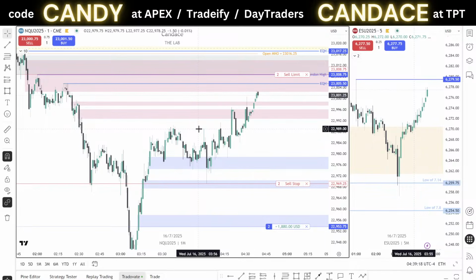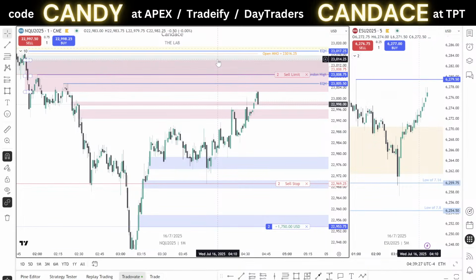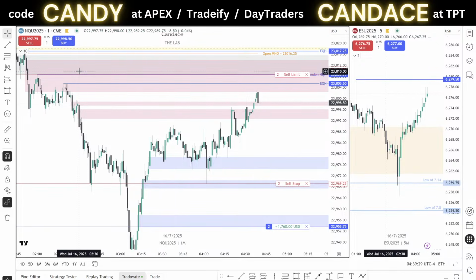Why are you not holding until Asia high? Because we got a 1 hour FVG here. It's a higher time frame PD array, and for my trades, the 1 hour FVG has a very important role.